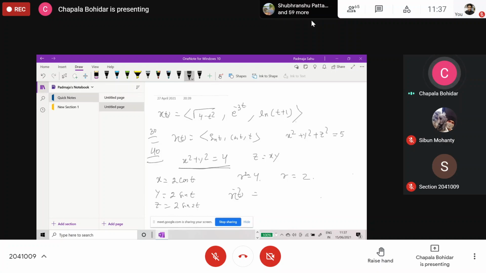13.2, derivatives. All of you know the unit tangent vector formula: r'(t) divided by the magnitude, the absolute value of r'(t).